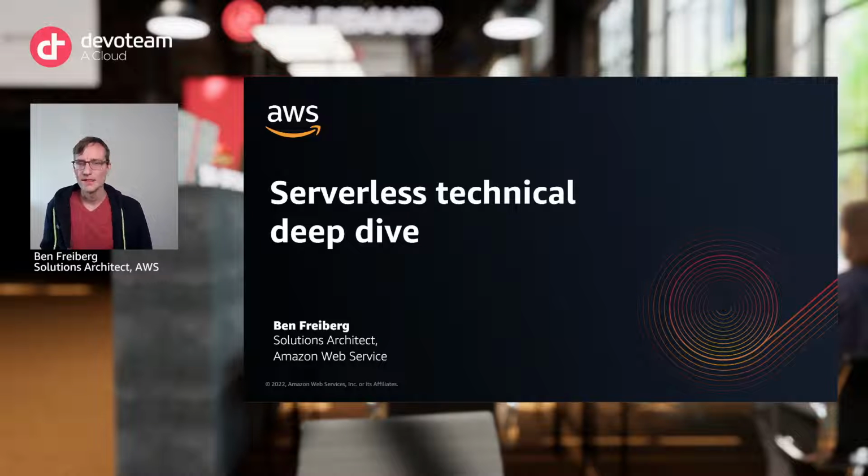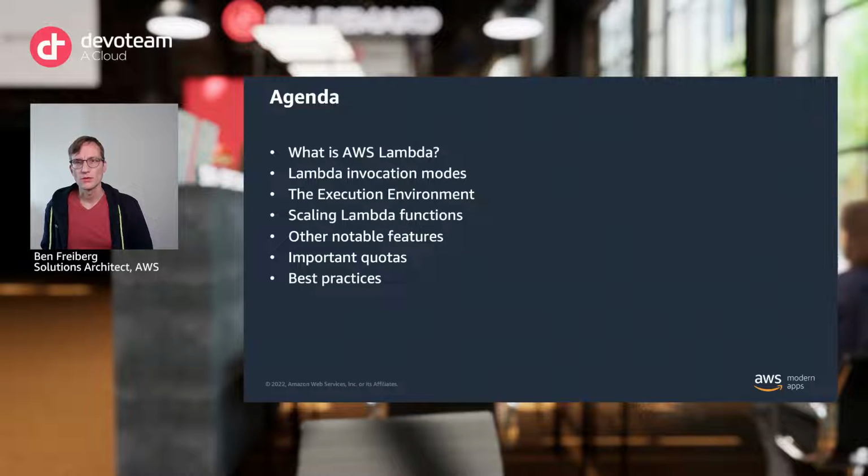Serverless is many AWS services and really hard to put into 30 minutes. So today we're going to focus on the service that made the serverless concept really popular, AWS Lambda. This means we're going to, in short, discuss what AWS Lambda exactly is, as well as the different types of how to invoke a Lambda function.